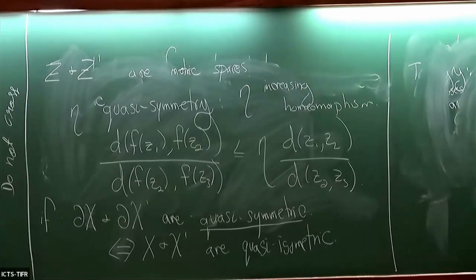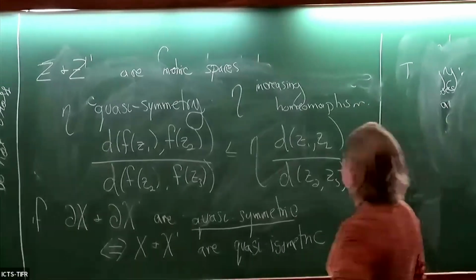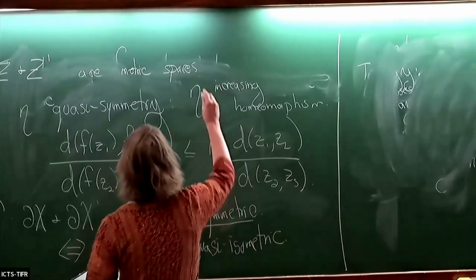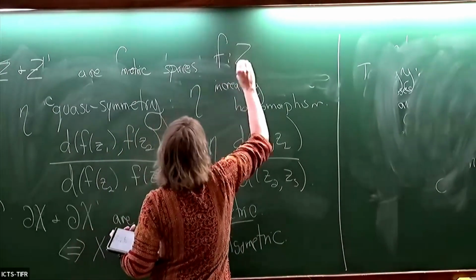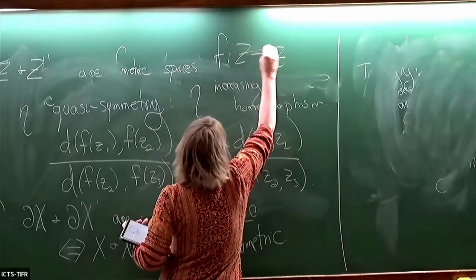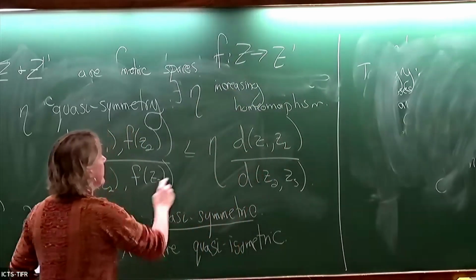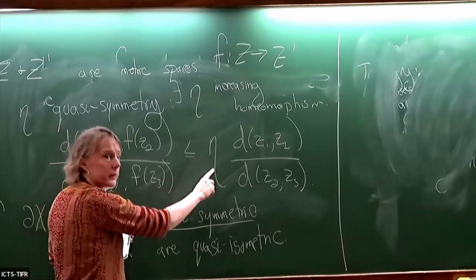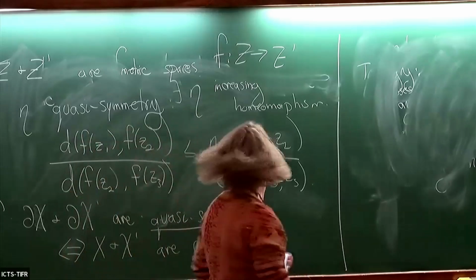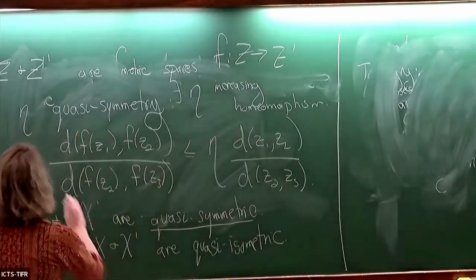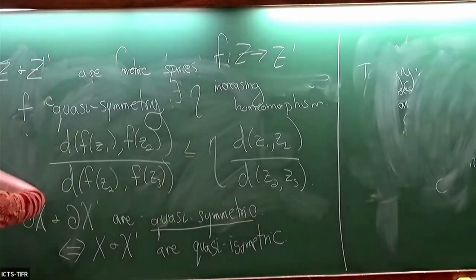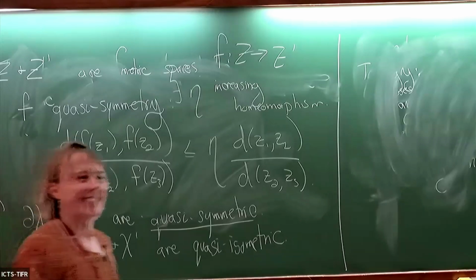Yeah, question? F is the function, yeah, F takes Z to Z prime. And then there's another, this is just an increasing, yeah, thank you. Oh, F, yeah, thanks. Good. I can get you to ask questions if I make mistakes.